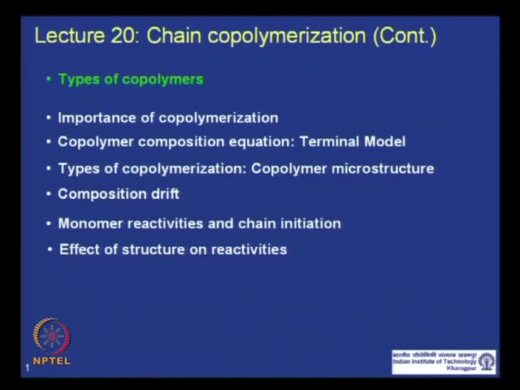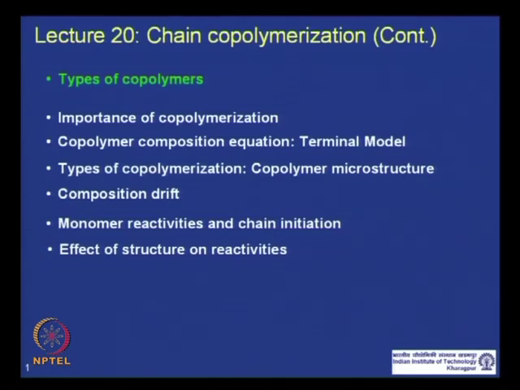Now, in the last lecture we completed our discussion on ionic chain polymerization, and we also started our discussion on chain copolymerization, and we discussed different types of copolymerization, namely statistical copolymer, alternate copolymers and block copolymers, which could be different types of block copolymers: linear block, graft and brush type copolymers as well.